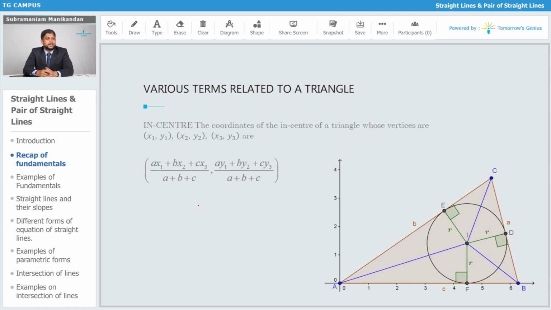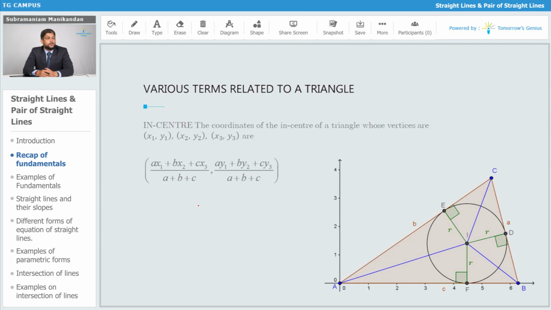That is, you can get a circle to which the 3 sides of a triangle are tangent. If we know the coordinates of the vertices of a triangle and thus we also know the lengths of the sides of a triangle, then there is a very simple formula to calculate the coordinates of the incenter of a triangle. Let's look at that.